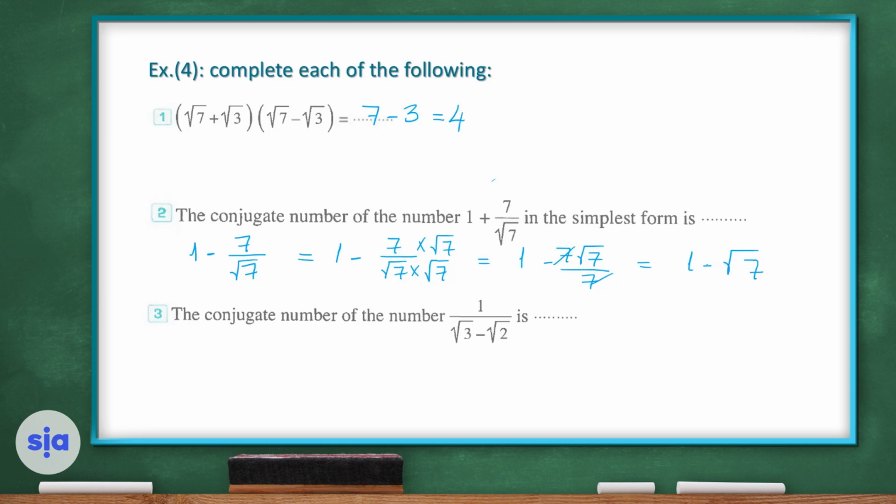How can we find the conjugate of the number 1 over square root of 3 minus square root of 2? Yes, from what we just did in the previous questions, you will see that the 1 over root 3 minus root 2, we're going to rationalize the denominator by multiplying it by the conjugate of the denominator.